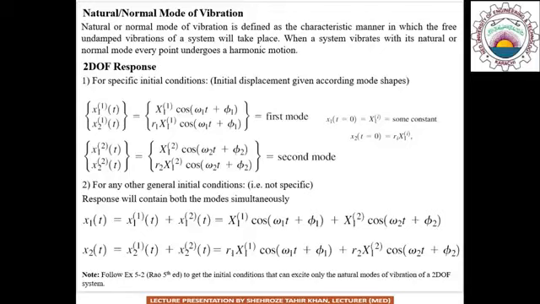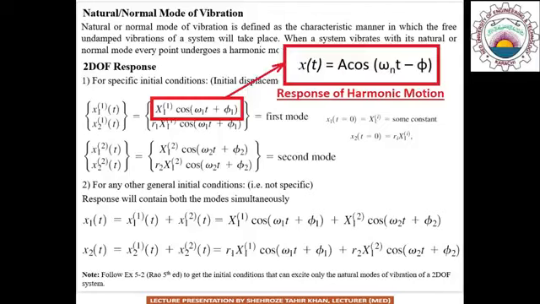So, the response of the system is represented by the response of harmonic motion as highlighted in the red box, where small x is the displacement, capital X is the amplitude, omega 1 and omega 2 are the two natural frequencies of the system, phi 1 and phi 2 are the two corresponding phase angles, and r is the position vector.